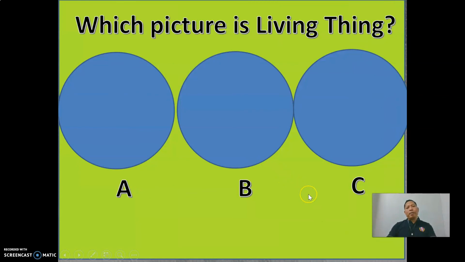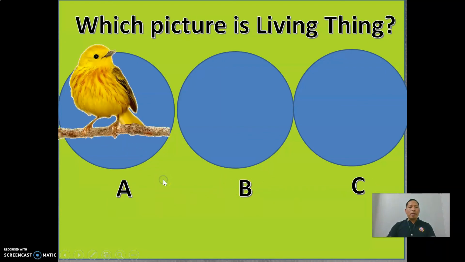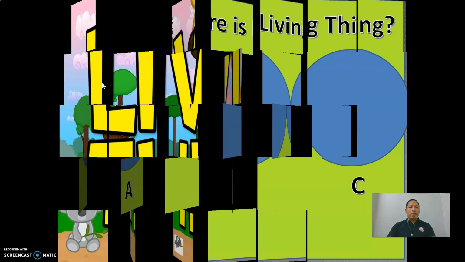Okay, another game. Which picture is a living thing? We have three circles labeled A, B, C below. Let's have the first picture. What is this? A bird.